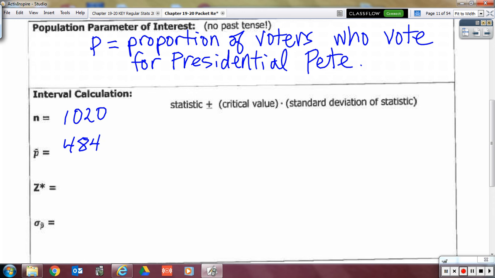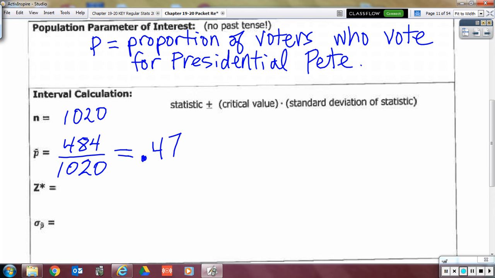We're trying to find what? Perfect. 484 over 1020. Okay. Oops, sorry. So 484 over 1020, and I've got these numbers here. Let me pull that up real quick. 0.47. So our p hat is 0.47.